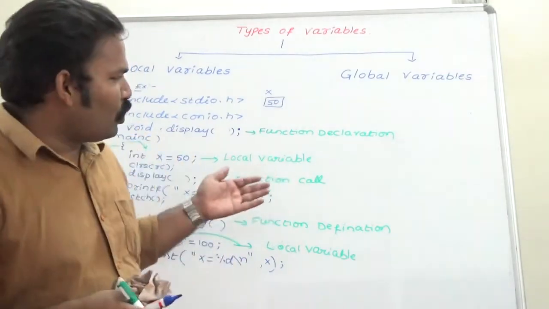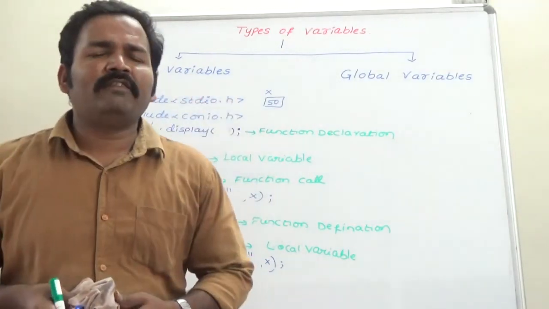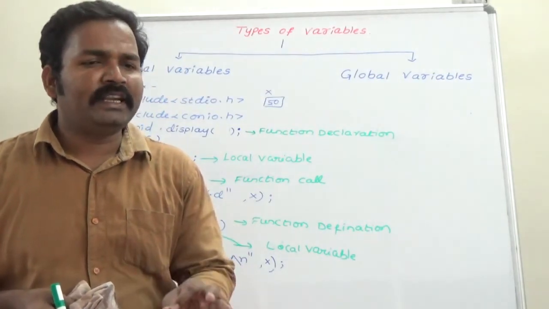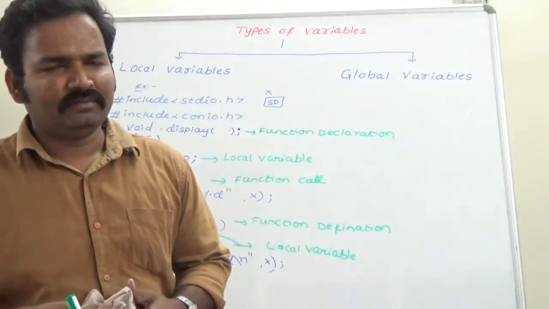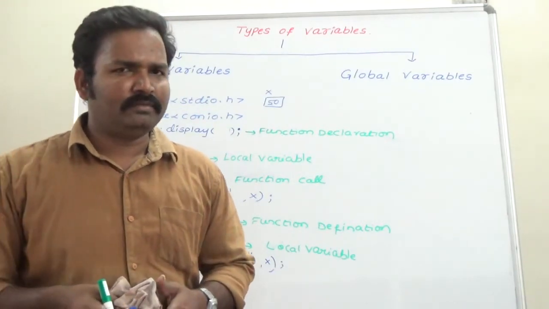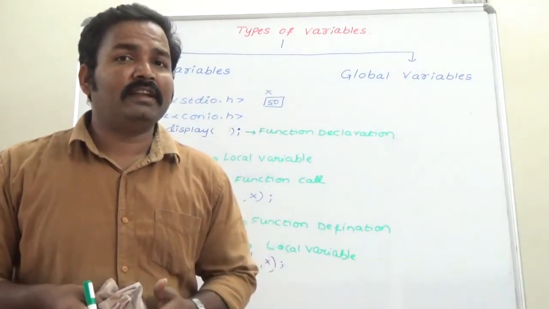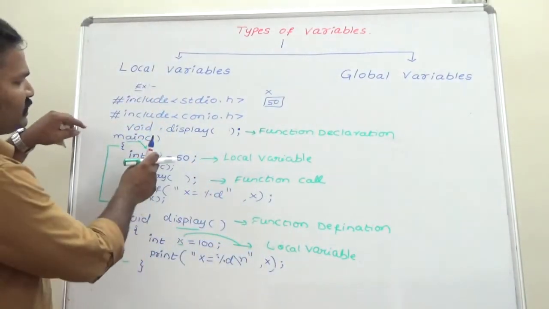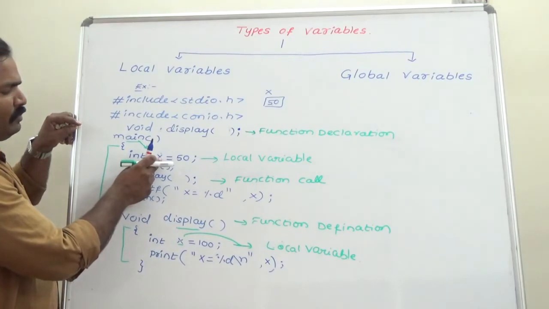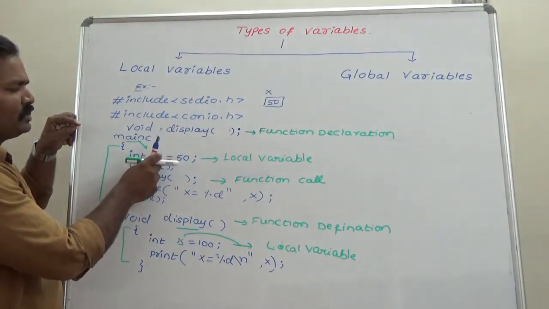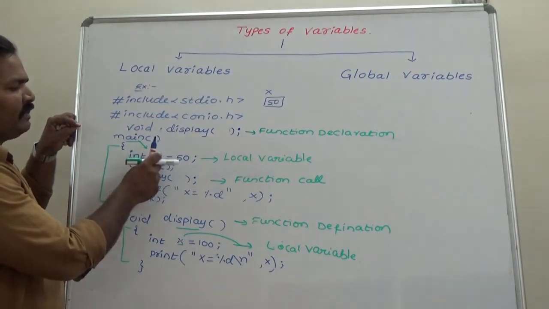So what is the scope of local variables? The scope of local variables is limited to the function only, in which we declared them. Here x is a local variable. Before we discuss the scope of this variable, in which function did we declare x variable?